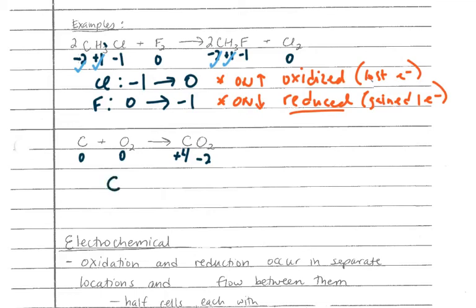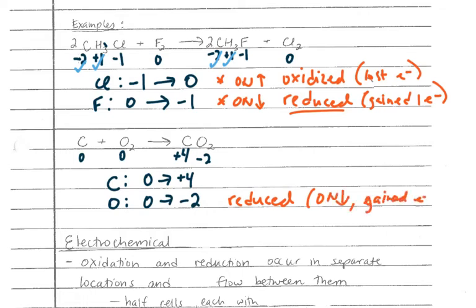So the carbon went from 0 to +4 oxidation number, and the oxygen went from 0 to a -2 charge. I always like to find the reduced one first because the question is which thing got oxidized and which got reduced. The one whose charge went down is the oxygen. So the oxygen got reduced because the oxidation number went down because it gained electrons.